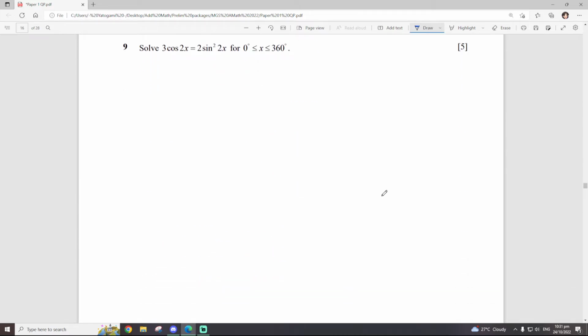Question 9, solve the following trigo equation. Now you see cosine 2x and sine square 2x. We want to keep everything in terms of 2x. Remember, sine square plus cosine square is always equal to 1. So I shall write the equation as 3 cosine 2x equals 2 minus 2 cosine square 2x.